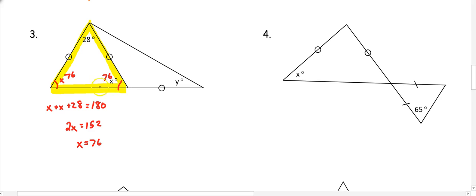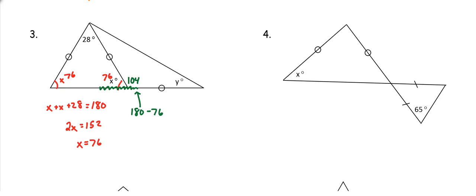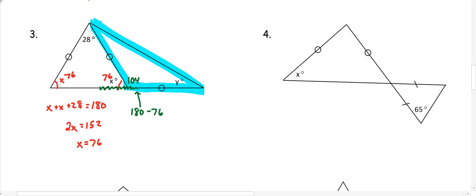Now remember, when we form a straight line, it measures to 180 degrees. So 180 minus 76 is going to get us a measure of 104. And now if I move to my other triangle, I again have an isosceles triangle, so my base angles are congruent and they are both going to be y.